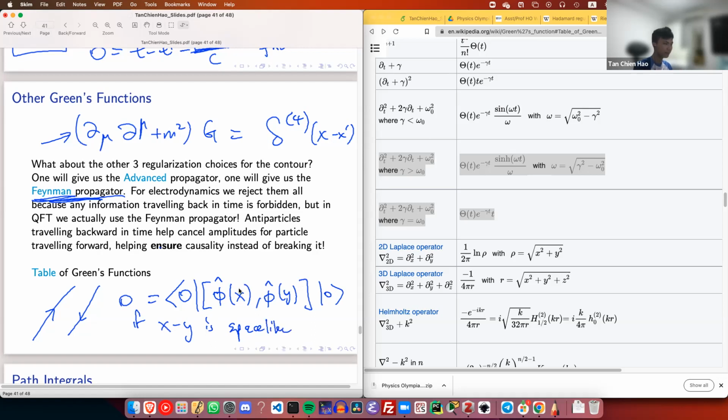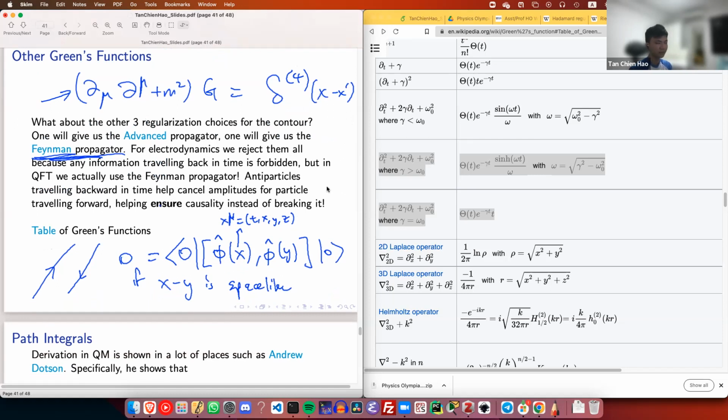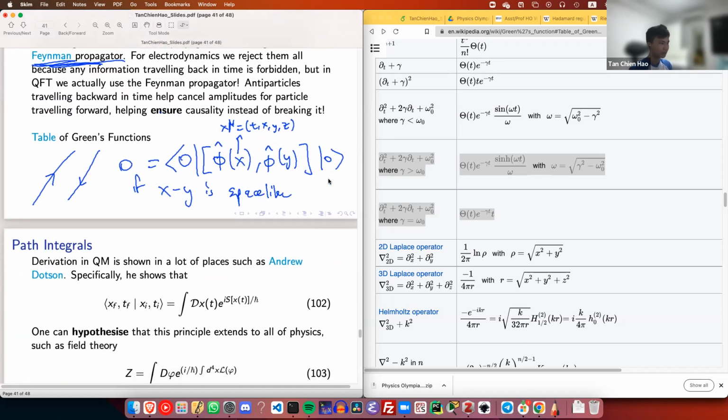Each x and y is actually the time and the 3 space locations. And this commutator, when we substitute in the Feynman propagator into it, turns out that the Feynman propagator is precisely what is needed to cancel the amplitudes for particles traveling forward and backward in time. So in QFT, we actually use the Feynman propagator. It's quite interesting.